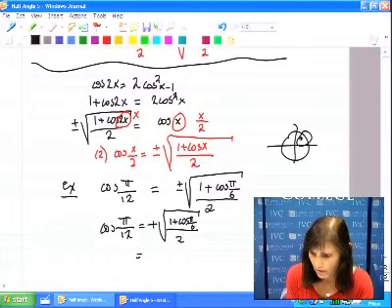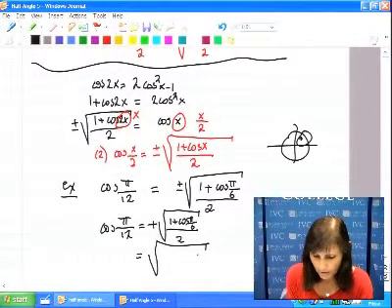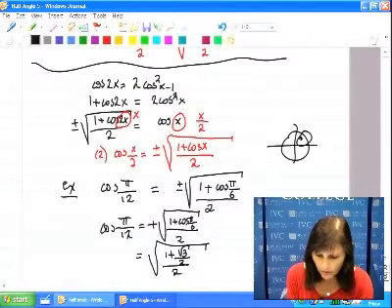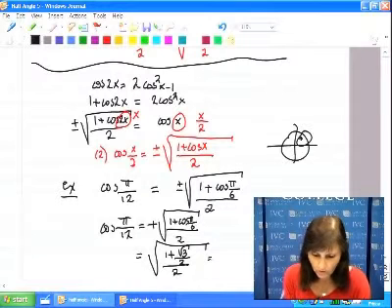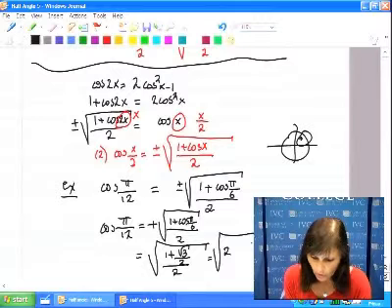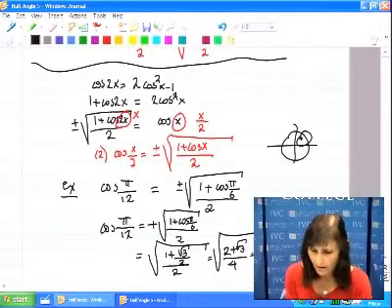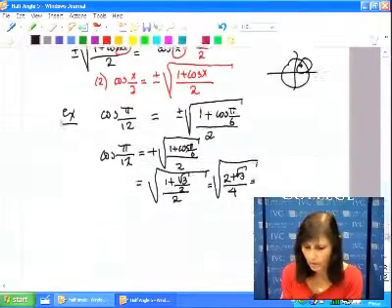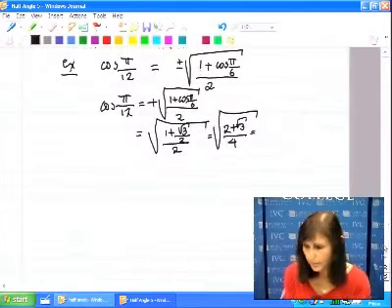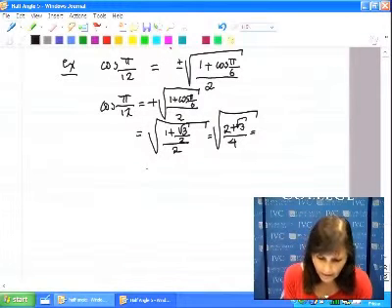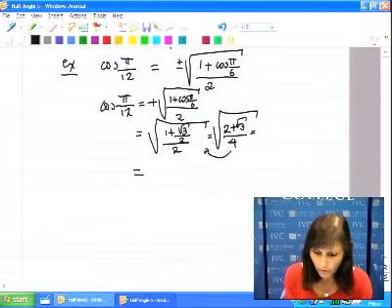Plug in numbers. You're going to get 1 plus cosine pi over 6, which is rad 3 over 2, all over 2. Clean it up a little bit. That's going to give me 2 plus rad 3 over 2, and then that 2 goes down to the denominator, giving 4. Take the square root of the 4 to get 2.